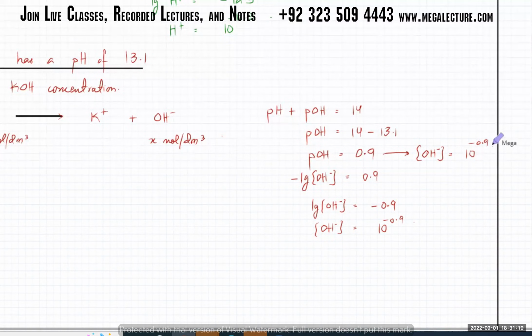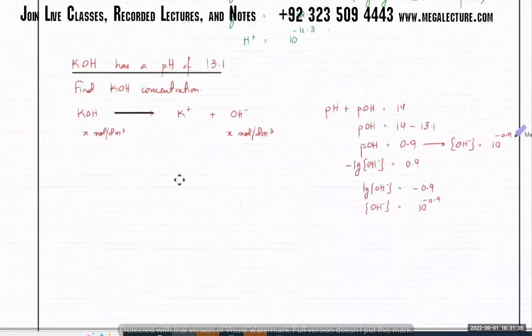If you make that a habit, whenever you see pH 0.9 and want to get rid of the P, just make it 10 to the power minus 0.9. Anyway, what is 10 power minus 0.9? Can someone tell me, so I can find the concentration of OH ions? What is this value? What do you get for 10 power minus 0.9?